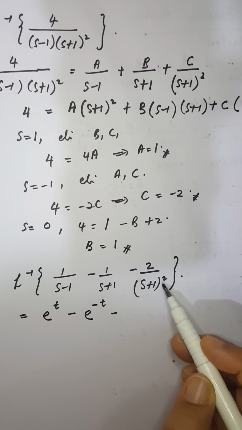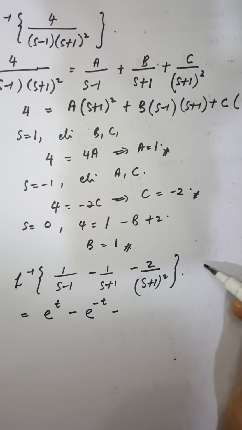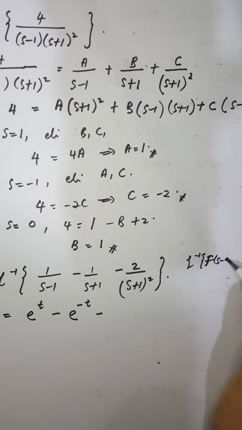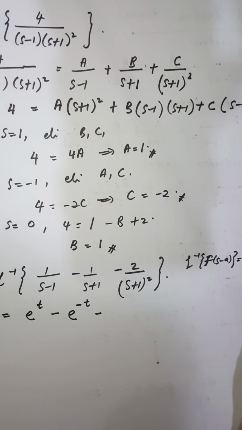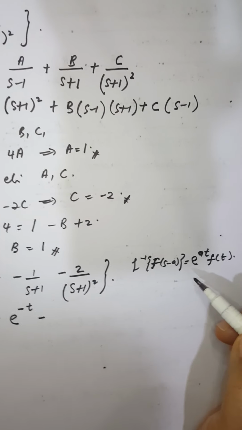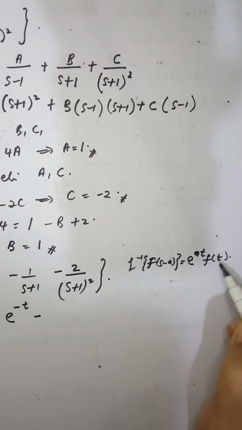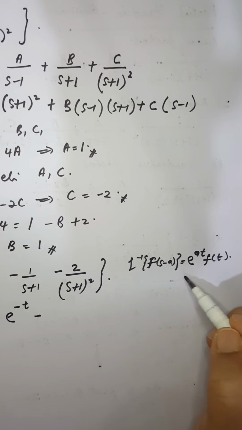So we use this table, Laplace inverse of F(s minus a) is e to the at f(t). This formula, if you see in the table, is the first shifting property.